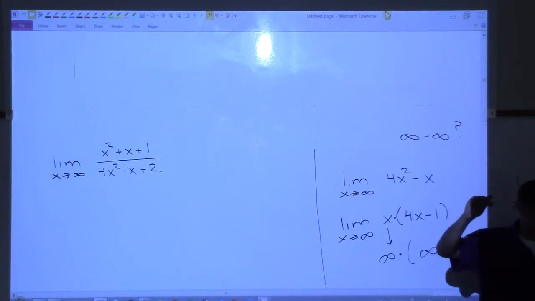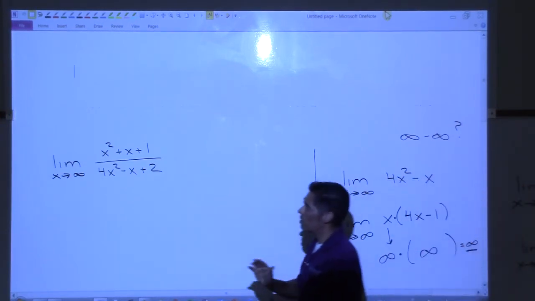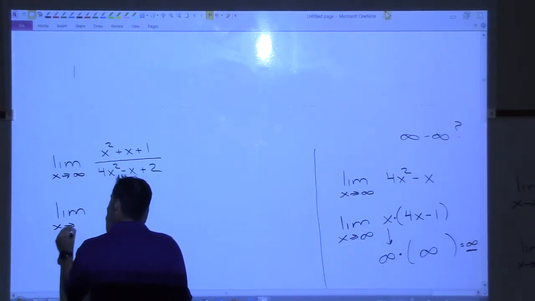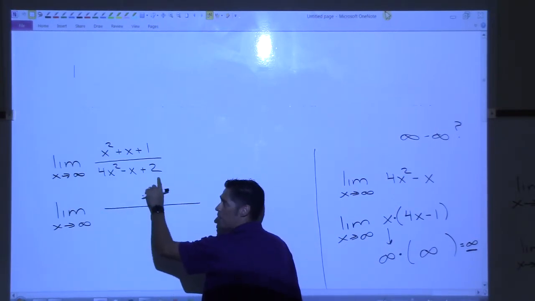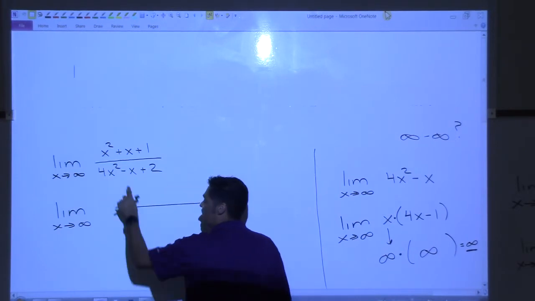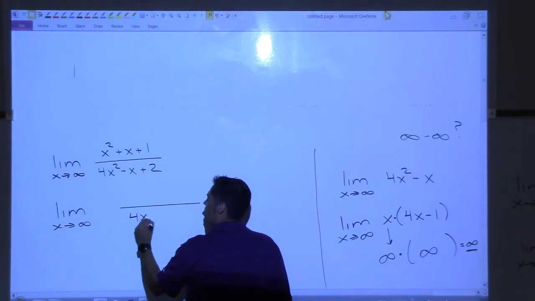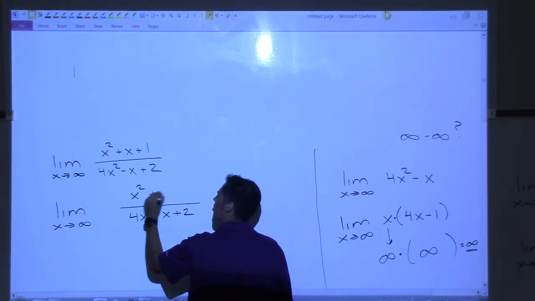So we're going to go here. We realize we have infinity over infinity. We need some algebra. And so the algebra that we're going to do is we're going to look at the denominator, look at the highest power of x you see, which is, sorry, I need to leave a little room up front. The highest power of x we see is x squared, right? So we're going to divide every single term by x squared. Yes?